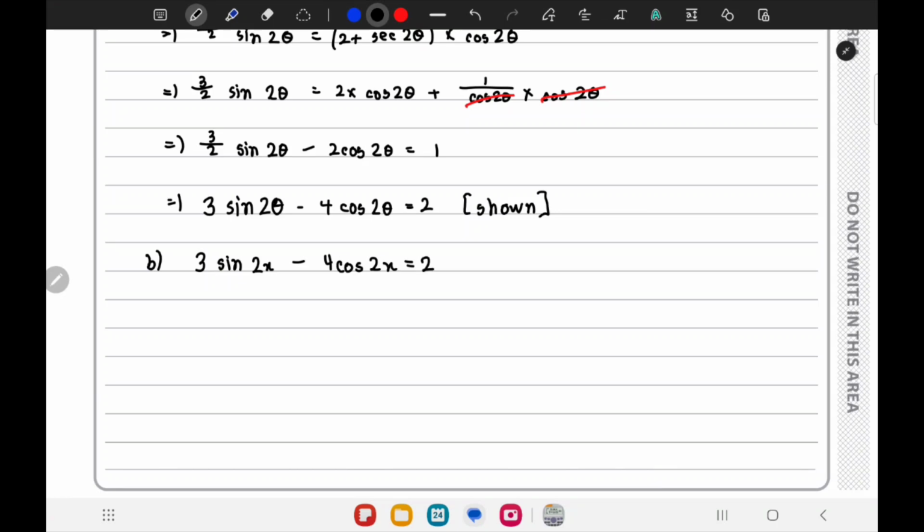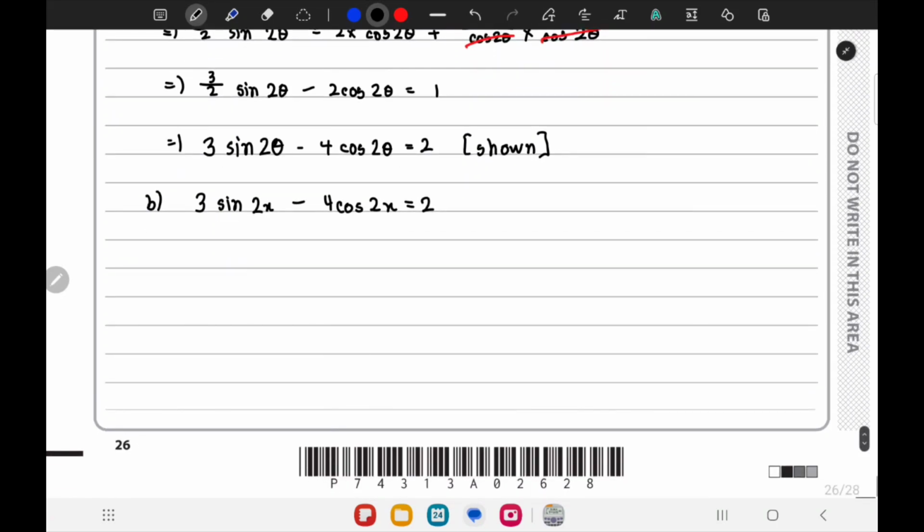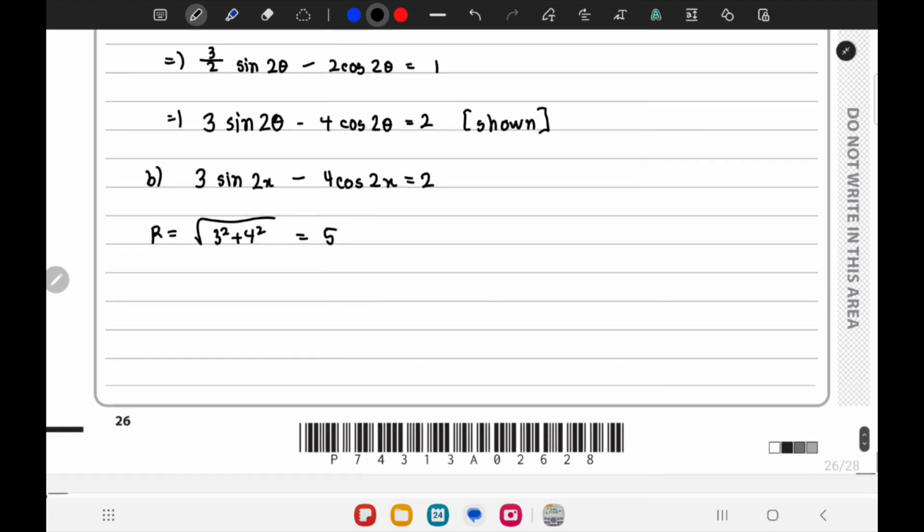So we can use R form here. R will be root over 3 square plus 4 square, which is 5, and then alpha equals tan inverse 4 by 3, which is 0.9273 radians.